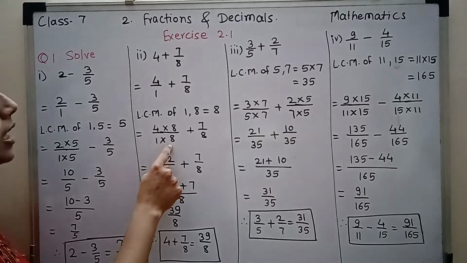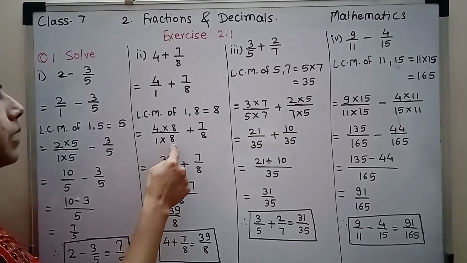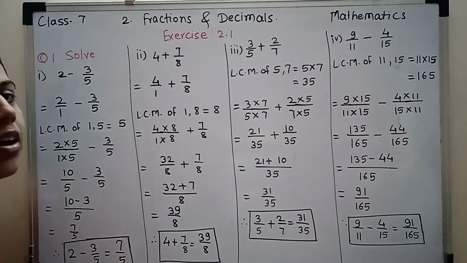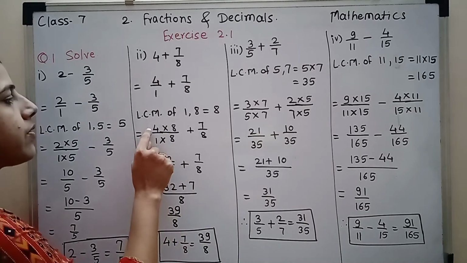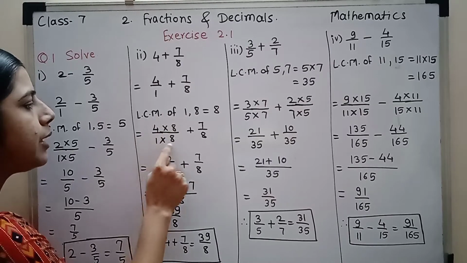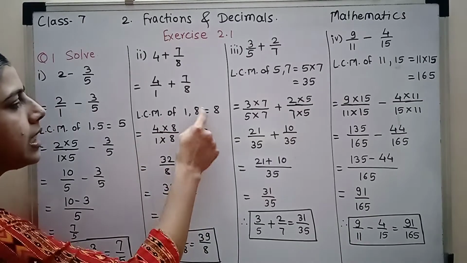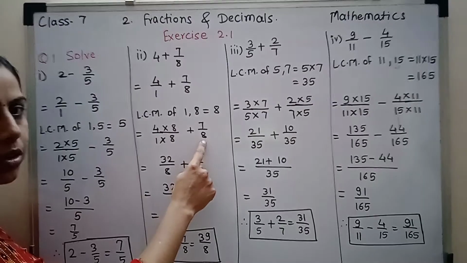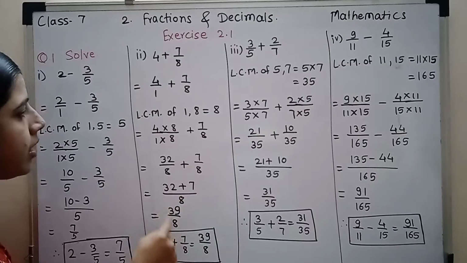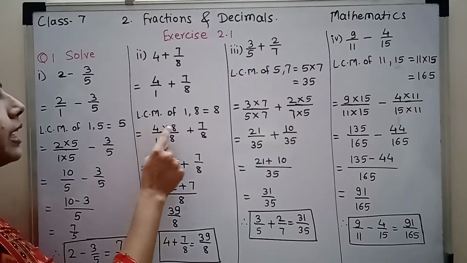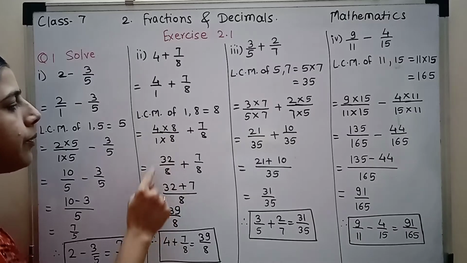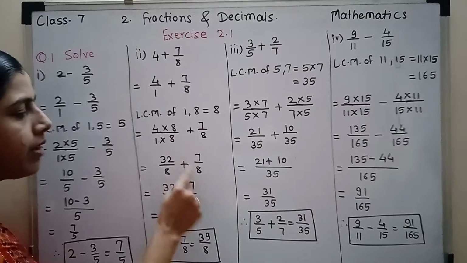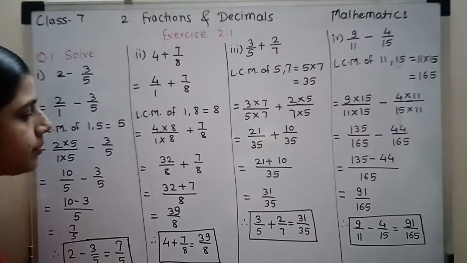As we multiply the denominator by 8, we multiply the numerator by 8 to not change the value of the fraction. So this is 4 into 8 divided by 1 into 8, plus 7 upon 8, which already has the denominator 8, so no need to do anything. Solving this, 4 into 8 equals 32, and 1 into 8 is 8, plus 7 upon 8 as it is.